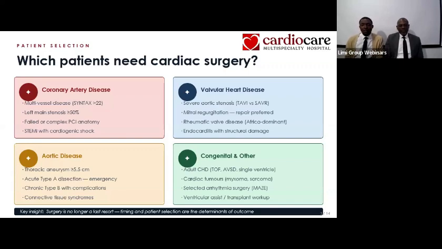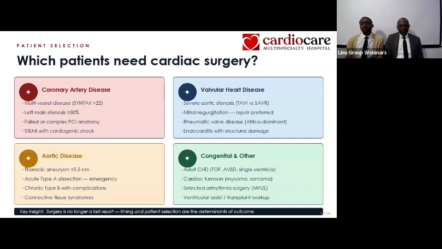We have mitral regurgitation, where we actually prefer a repair to a replacement to preserve the left ventricular geometry and also its function. We have rheumatic valve disease. Here we can do either a repair or a replacement. We have endocarditis with structural damage.